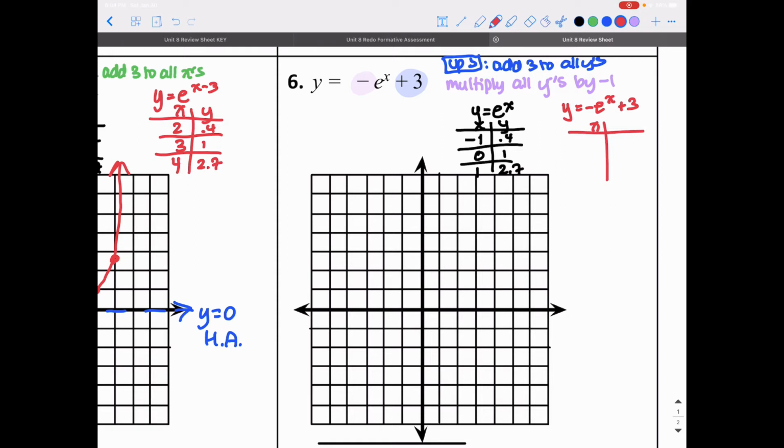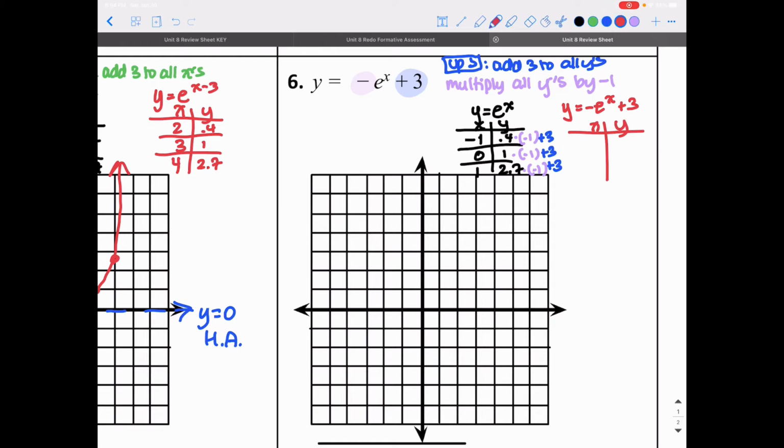And the table for that, you're going to have, oh, I'm sorry, I didn't do these transformations. You have to do the multiplying by -1 first. So multiply all of the y values by -1, because multiplication comes before addition or subtraction, and then you're going to add those 3 to each y value.